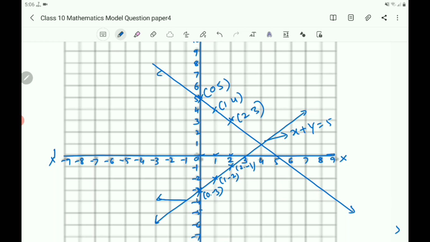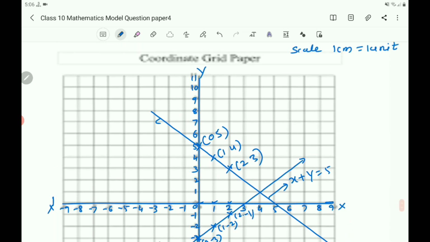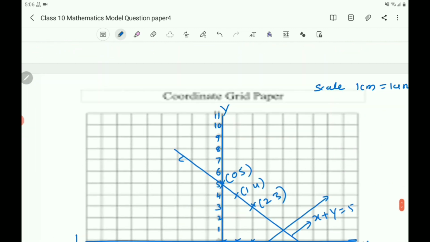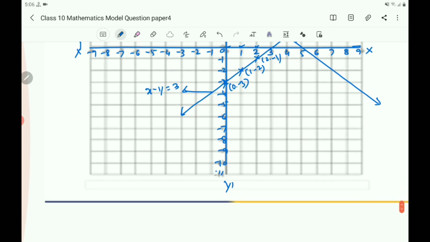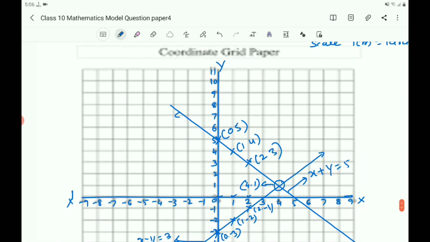Here you know that the first one is this, and the second one is x minus y equals 3. Right, x minus y equals 3. Both the graphs meet at this point, and find the coordinates of this point. What are the coordinates of this point? The x value is 4 and the y value is 1. So you can write 4, 1. So you got the solution, right?